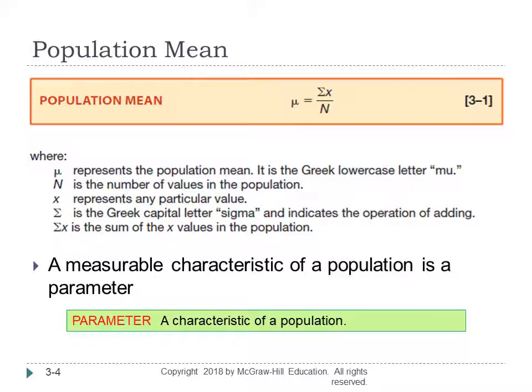The sum of all data values divided by the number of data values that we have. This is, of course, a measurable characteristic of a population. Any measurable characteristic of a population is a parameter, and certainly the mean is one of the parameters we calculate for a population.